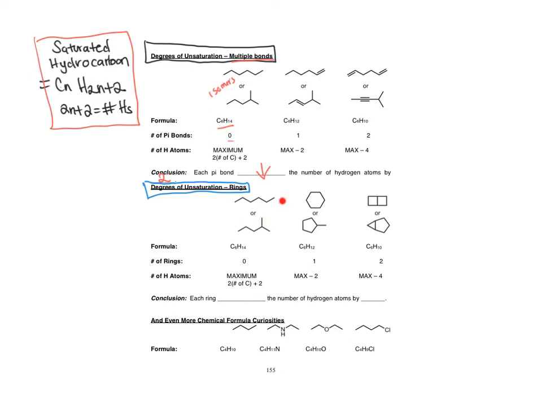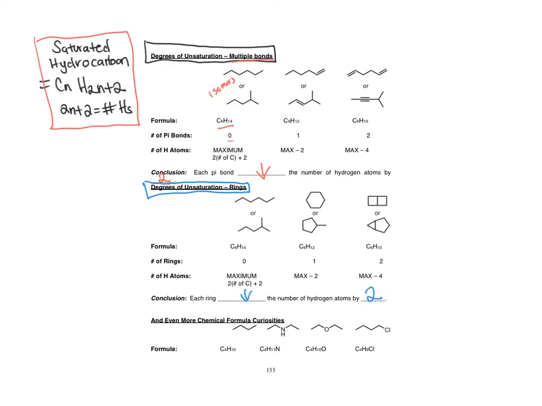That means we have to take an H off of each end to open up that degree of freedom. Now, what that does is mean that we remove 2 H's. So 1 ring removes 2 H's. 2 rings, and I urge you to fill in the H's on here to prove this to yourself, removes 4 H's. So, same idea. The degree of unsaturation can be obtained with rings, and that would decrease the total number of hydrogens possible by 2.